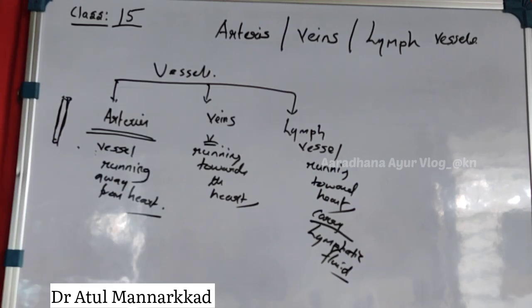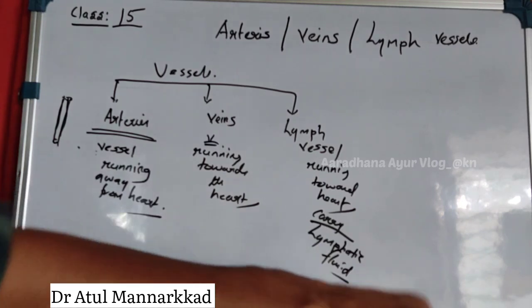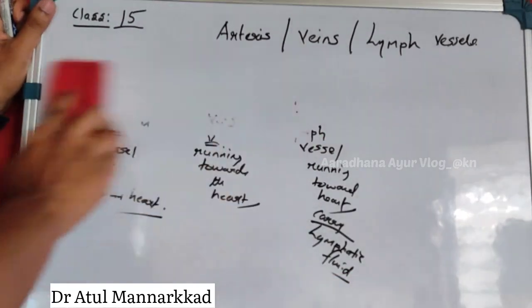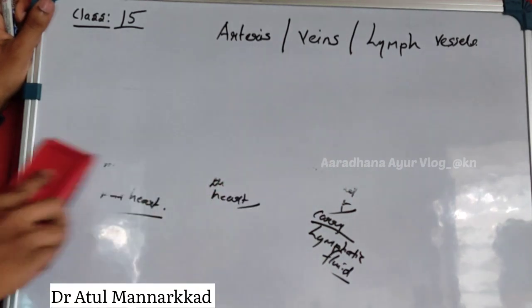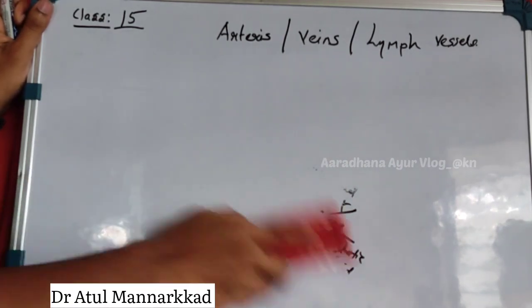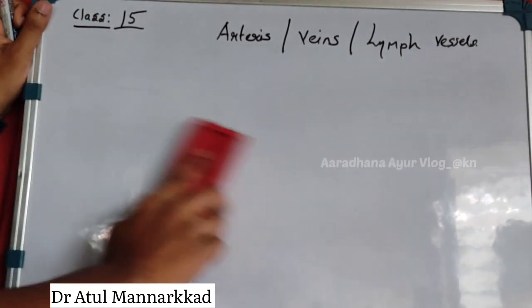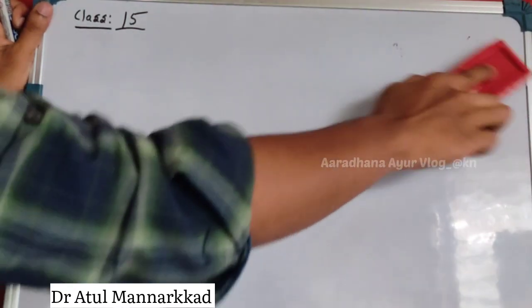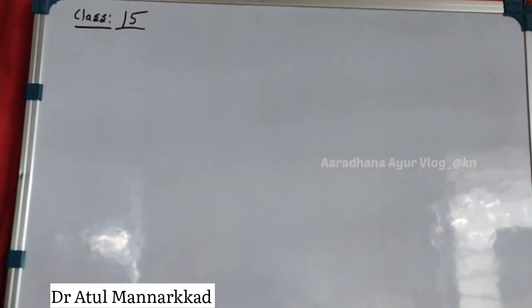Let's see next the difference between the arteries and the veins. You might have heard about arteries and veins in your school days when you studied biology, so it will be easier to explain.